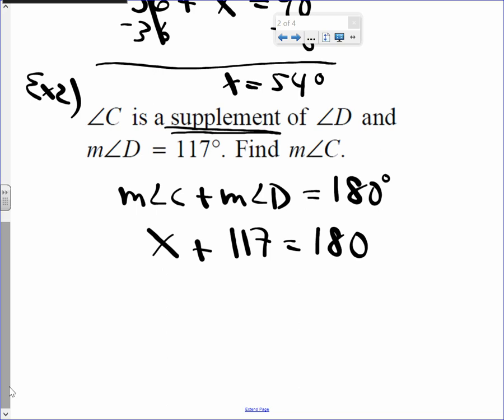Very nice. Is it 63? Let's get X by itself. Subtract 117 from both sides, exactly.